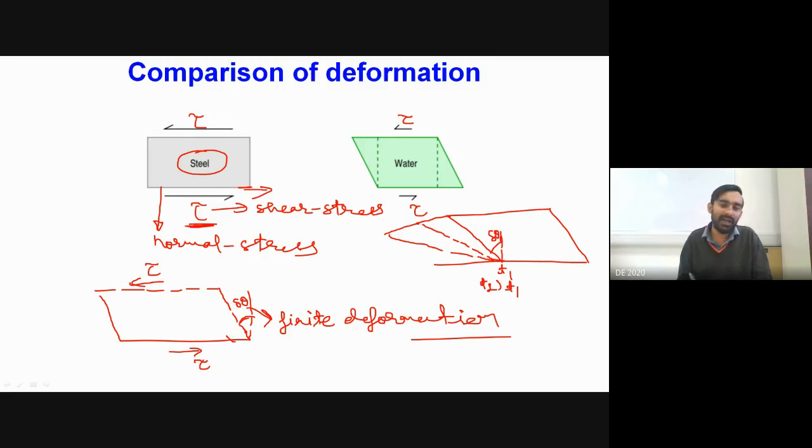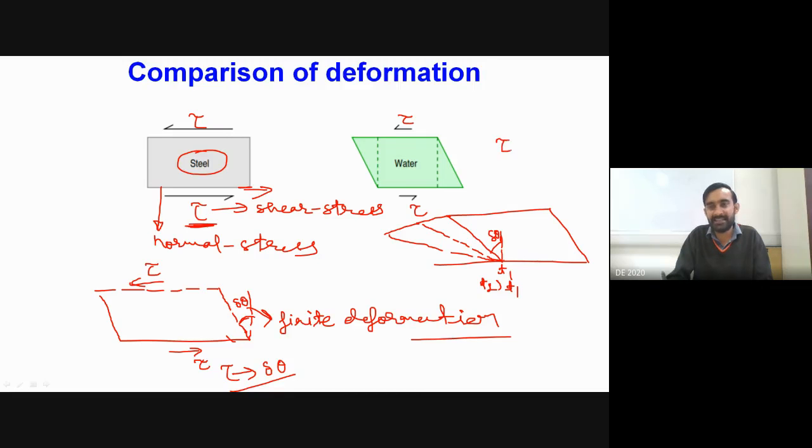So in case of solid, tau was leading to some finite deformation delta theta. However, in case of fluid, upon application of the shear stress, we will have continuous deformation of the fluid element.